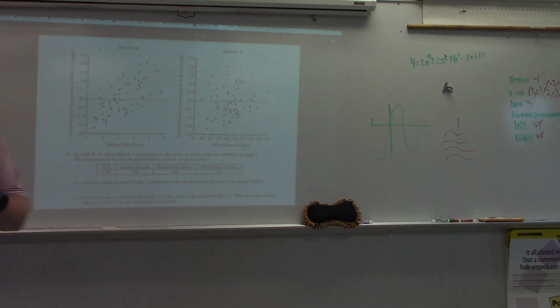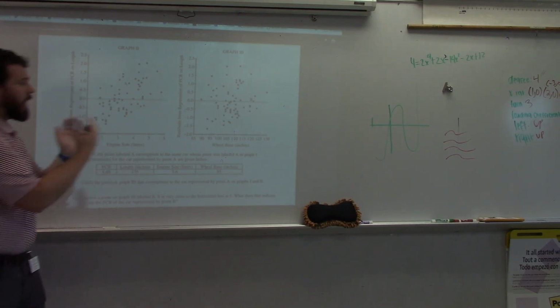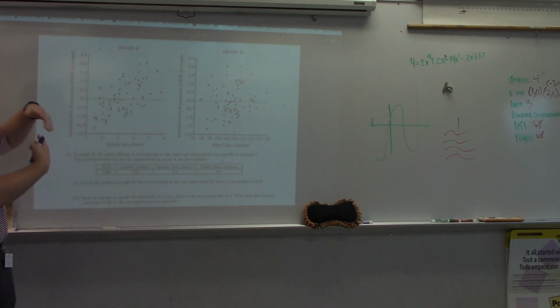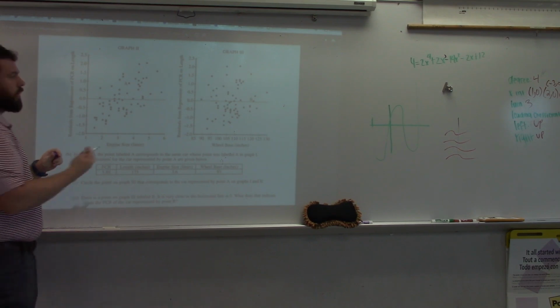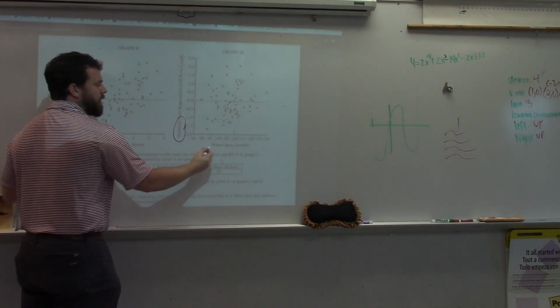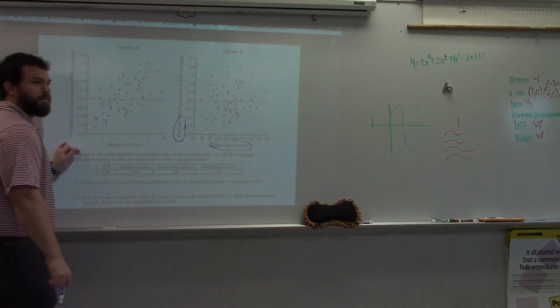When we look here, and I talked about this with all the groups, when I look at graph 3 and I want point A, what are the two things I need to know about that point or that car? The residual, that's my response, and the wheelbase.